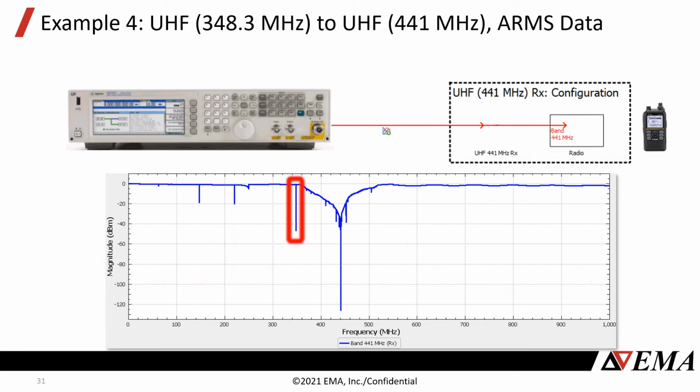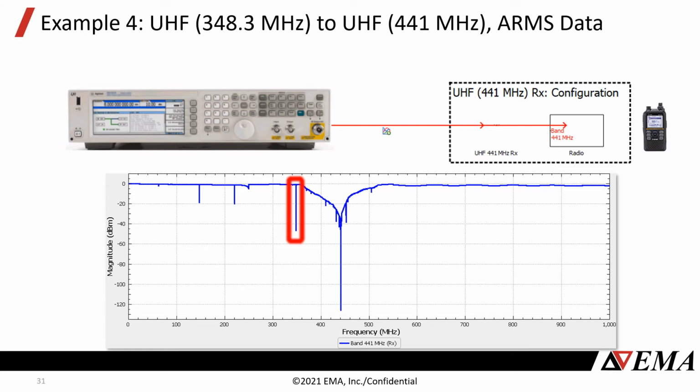Okay, now in example 4, this is a demonstration to emphasize the importance of automation in our measurement system. So this was our 441 megahertz receive channel that we showed you earlier. And as you can see here, there's a really significant mixer product that occurs at 348.3 megahertz.